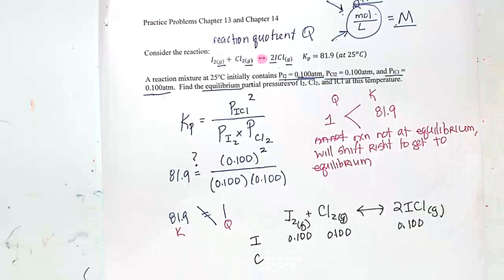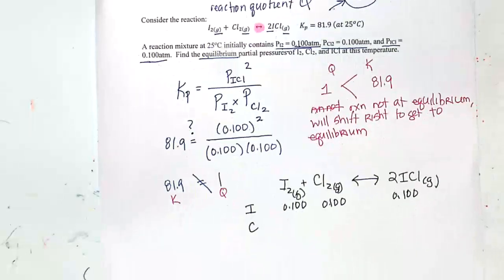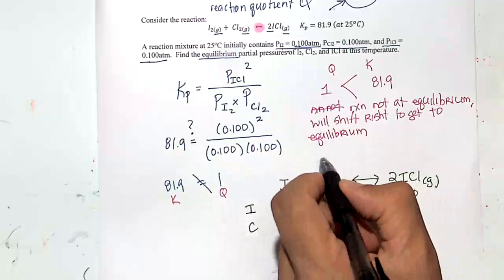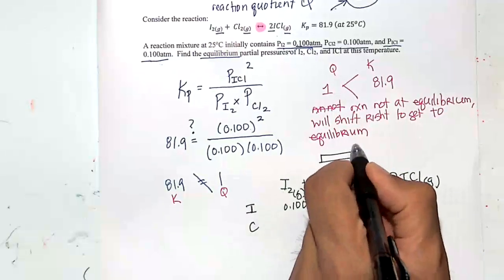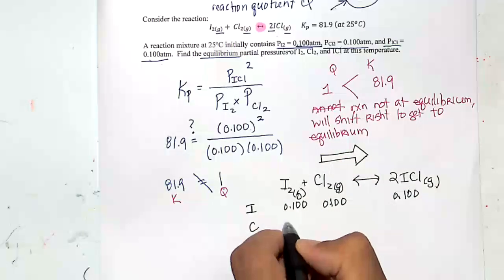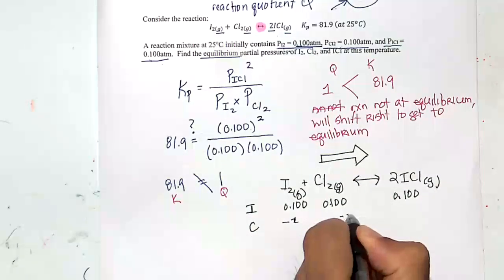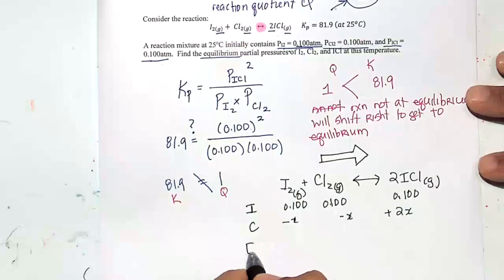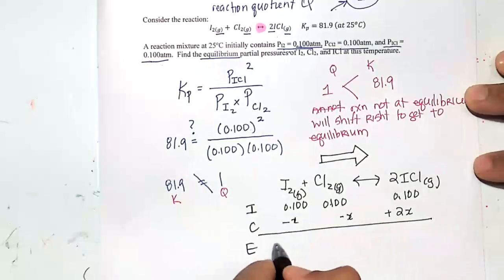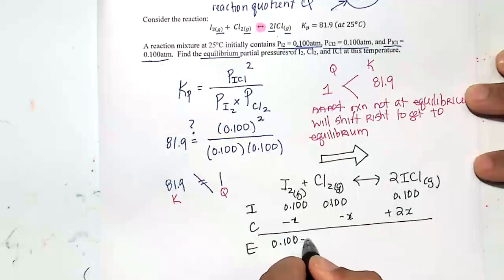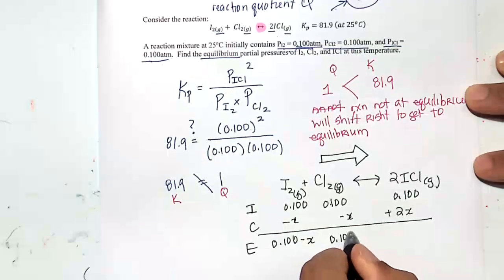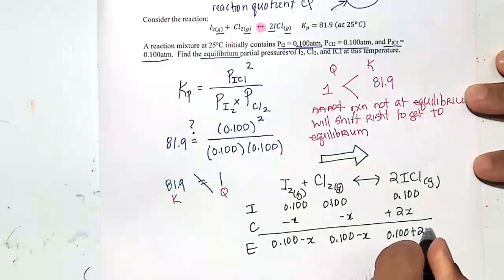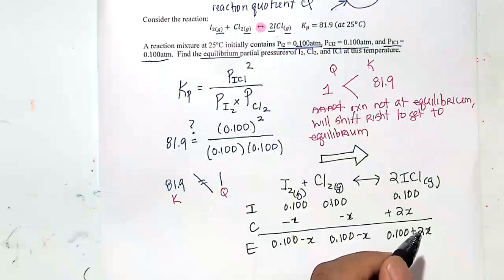That's I, initially. Change: which way will it go? It's going to go to the right, because of the Gator rule. So minus x, minus x, plus 2x. At equilibrium, this will be 0.100 minus x, 0.100 minus x, and 0.100 plus 2x.